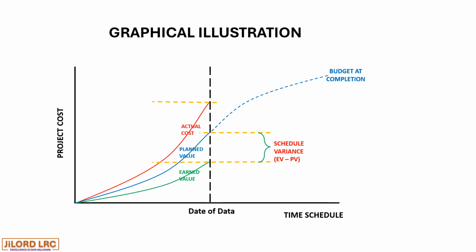So we can see that the earned value is lower and the planned value is higher. Now let's look at the cost variance as well, which is the difference between the earned value and the actual cost. We can also see that the earned value is quite lower for that date of data than the actual cost. The actual cost is also well above the planned value.